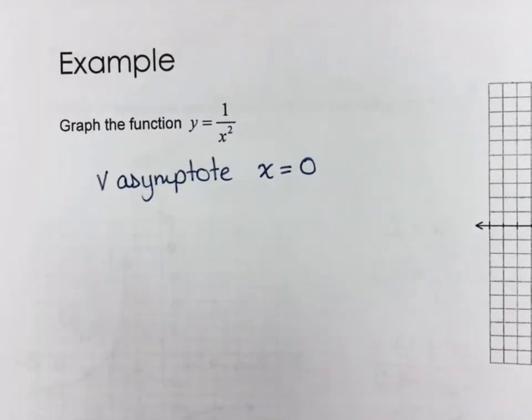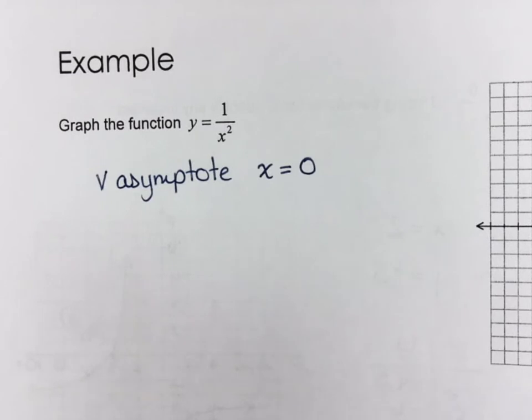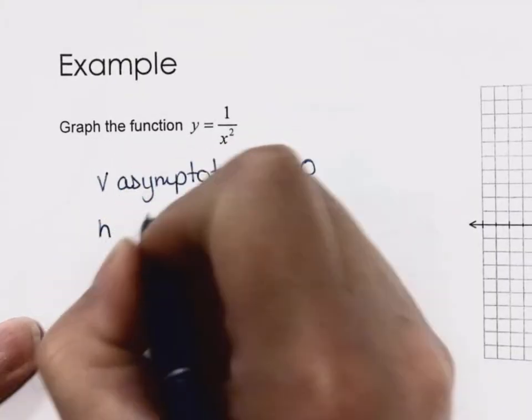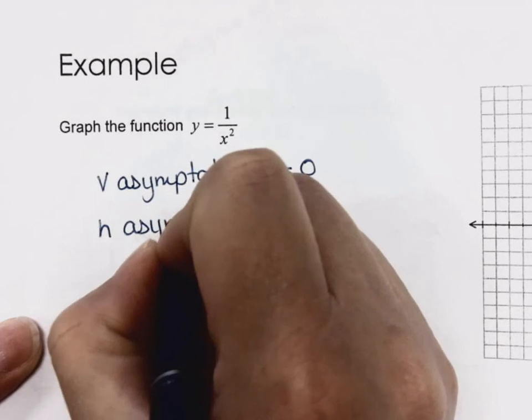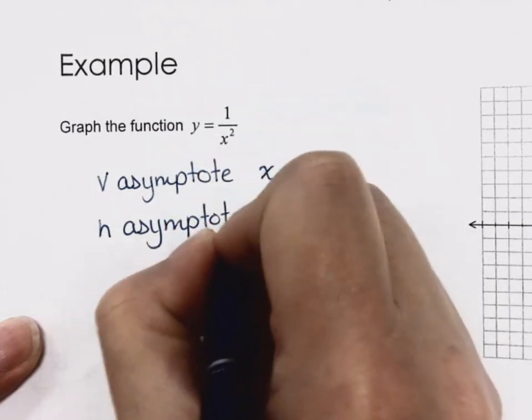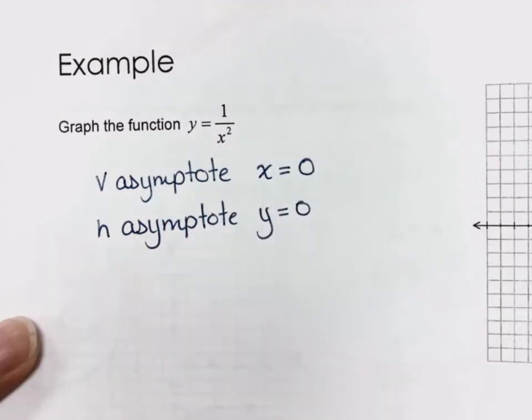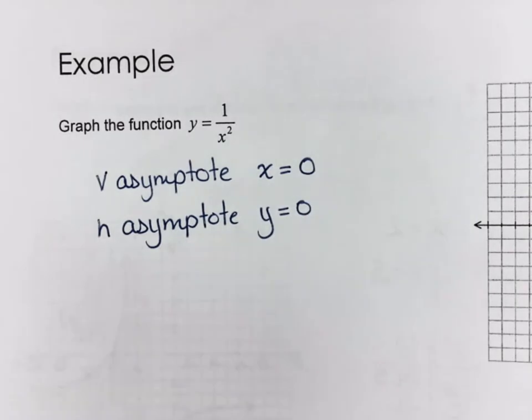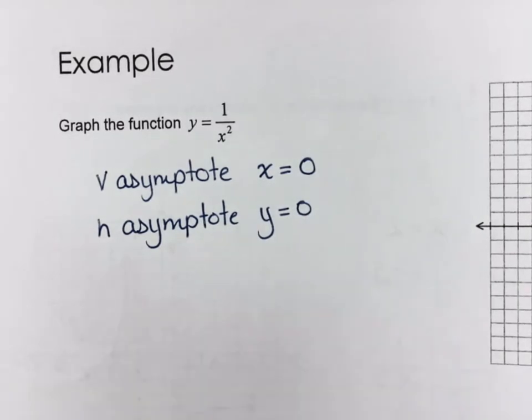What's the square root of 0? 0. 0 is neither negative nor positive, so it's just 0. Horizontal asymptote, y equals 0, because the numerator degree is smaller than the denominator degree. Those are your degree rules. Done and done. Let's put those on our graph.